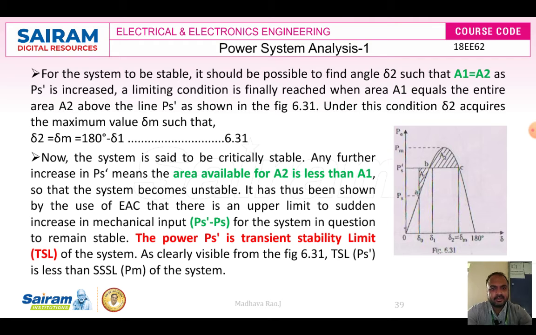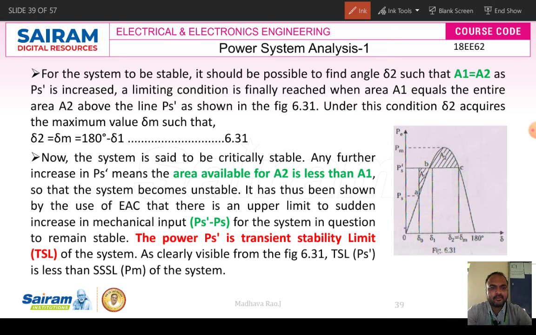Finally, it reaches A1 equal to A2, with the line PS dash as shown in this figure. Under this condition, delta 2 acquires the maximum value delta m.